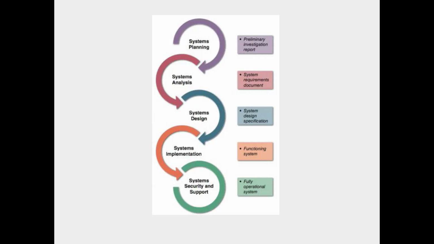The next part would be the last part, that is system security and support. That means, once you get to this point, you can keep on looking at whether there are any errors we made while working in the previous stages. Usually a different set of staff members are involved in this.